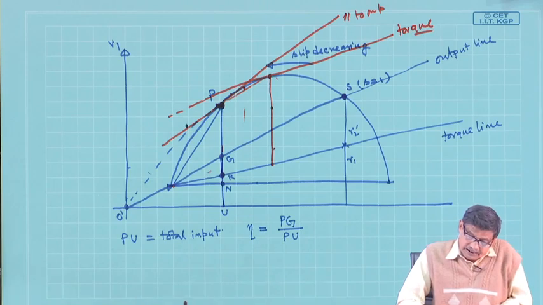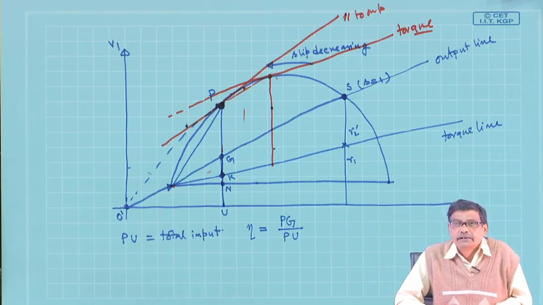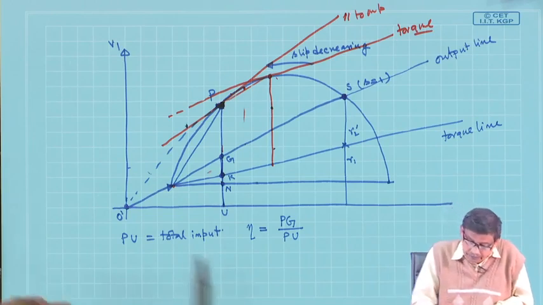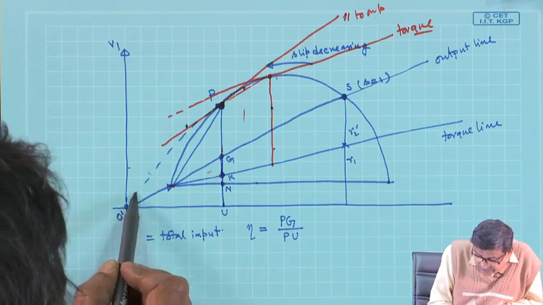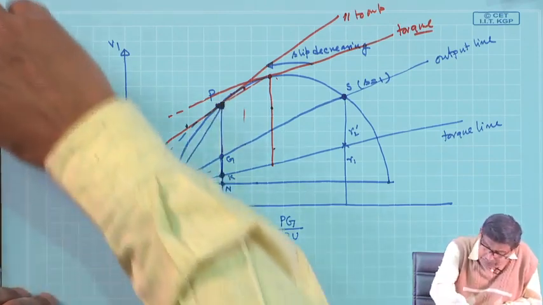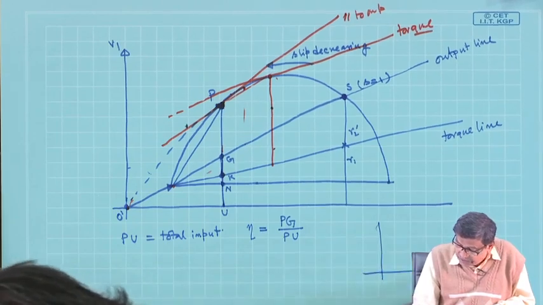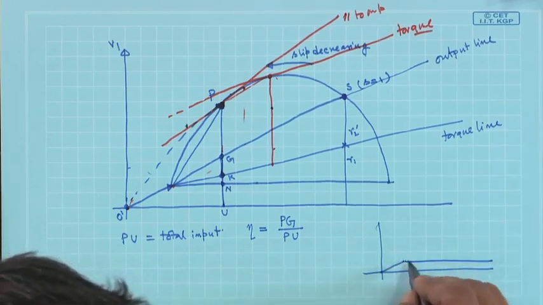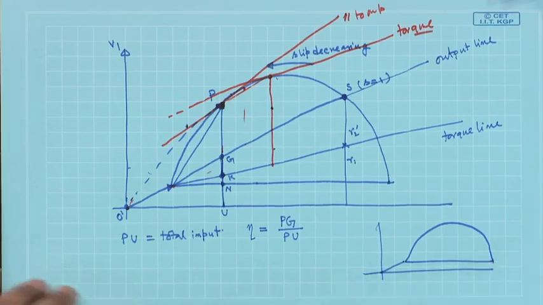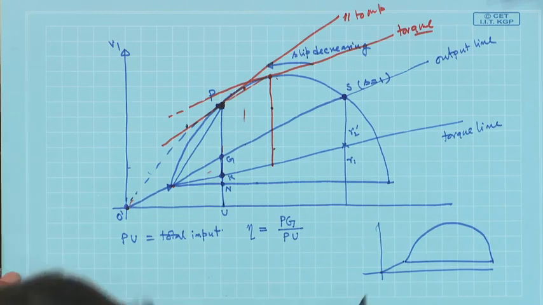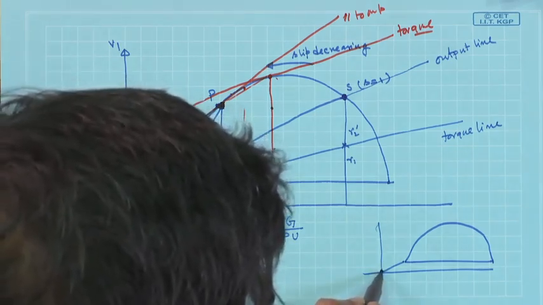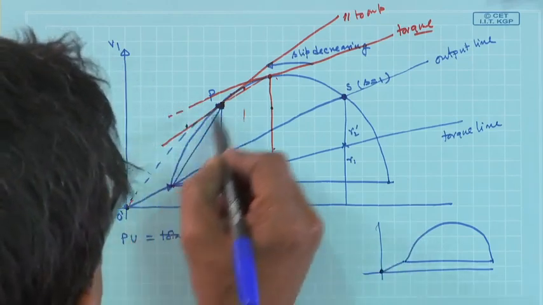If somebody says what will be the operating point when the power factor at which the motor is operating is maximum, then what he has to do is this: he has to draw a tangent. I better draw it in a small version of what I am trying to do. If somebody says find out the slip or operating point such that the power factor at which the motor is operating is maximum, what he will simply do, the total current drawn from the supply is this dotted line.